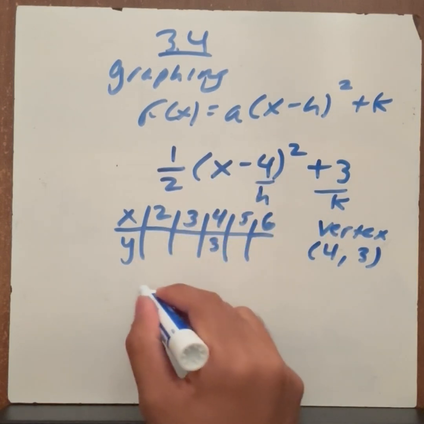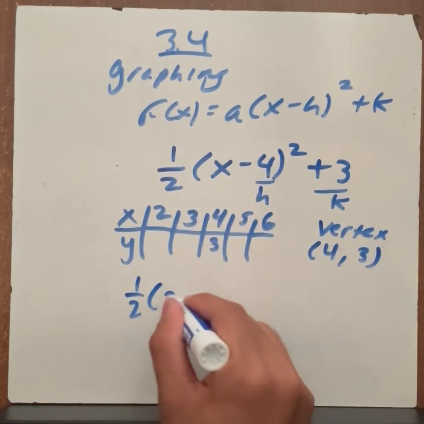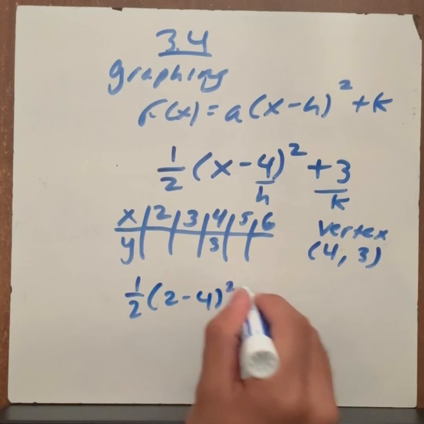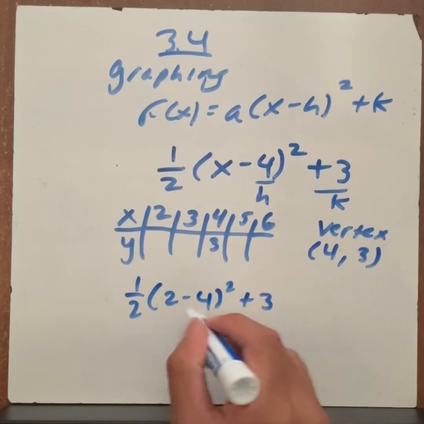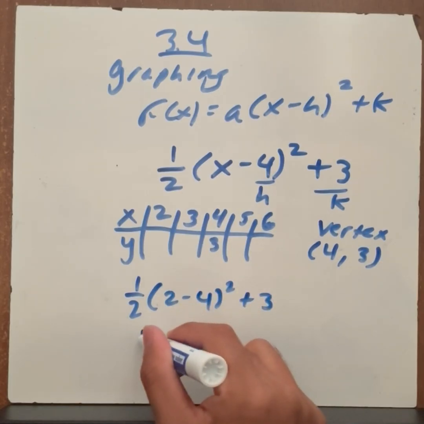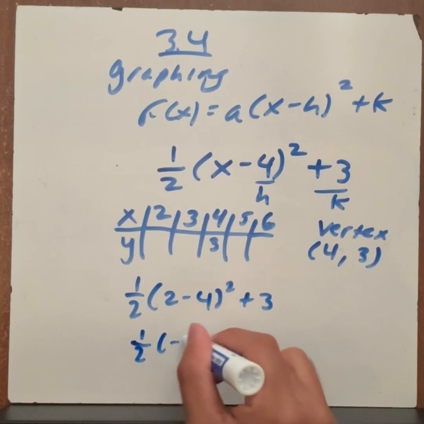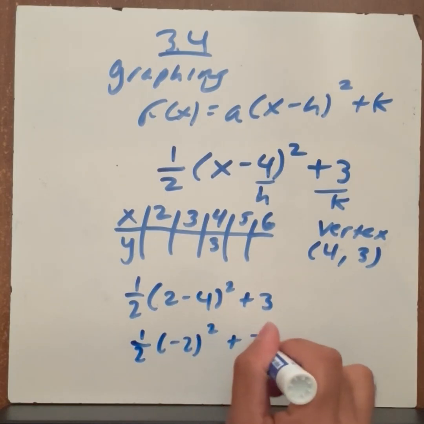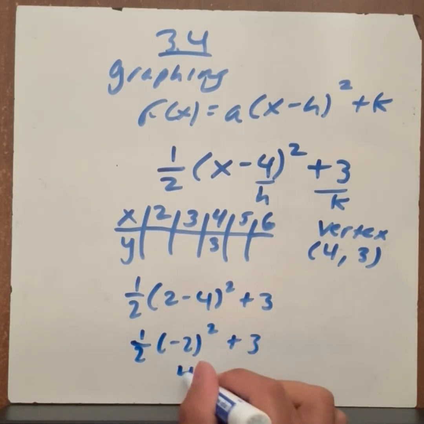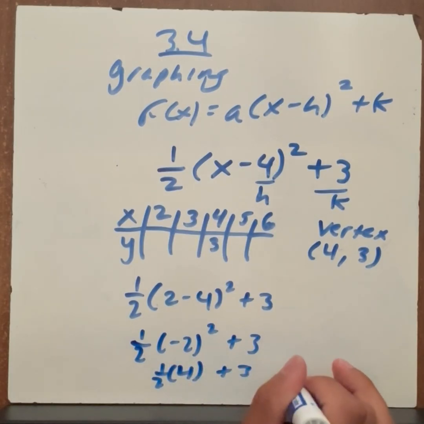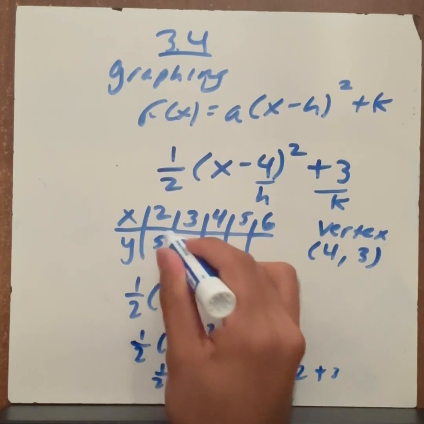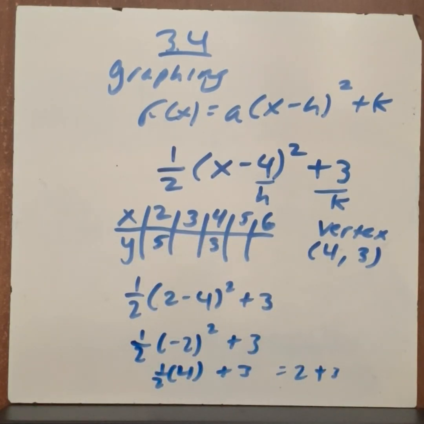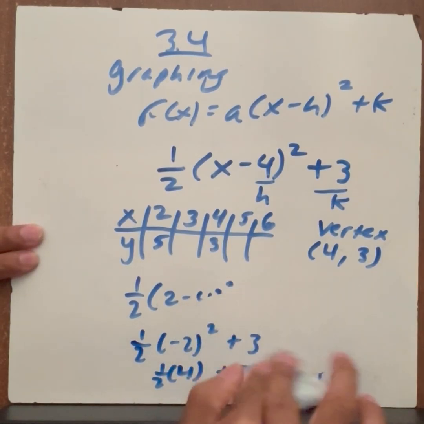Let's try 2. Half of 2 minus 4 squared plus 3. 2 minus 4 is negative 2. Negative 2 squared is 4, so half of 4 plus 3, and half of 4 is 2, plus 3, so this should be 5. Let's take a look at 3.